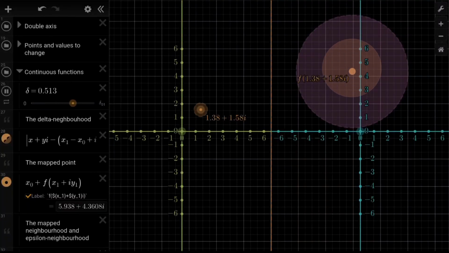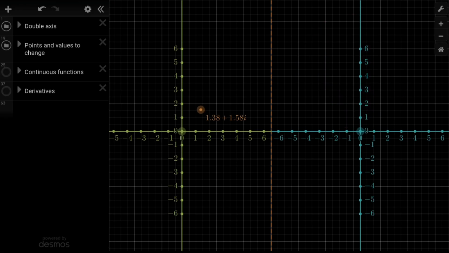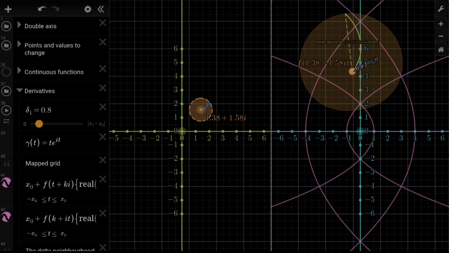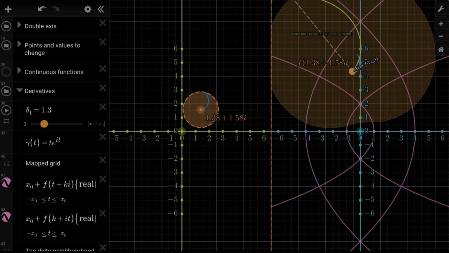In the previous visualization, we talked about how continuous complex valued functions map our neighborhood to subsets of other neighborhoods. Okay, and now I would like to talk to you about conformal mappings. So, we have a delta neighborhood here. And we have a curve.